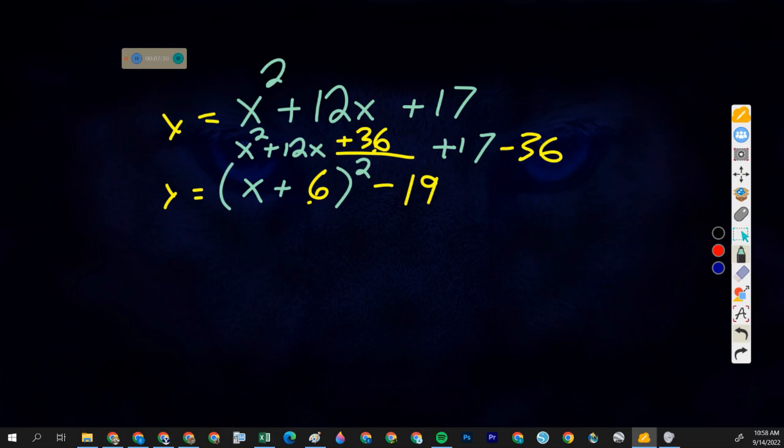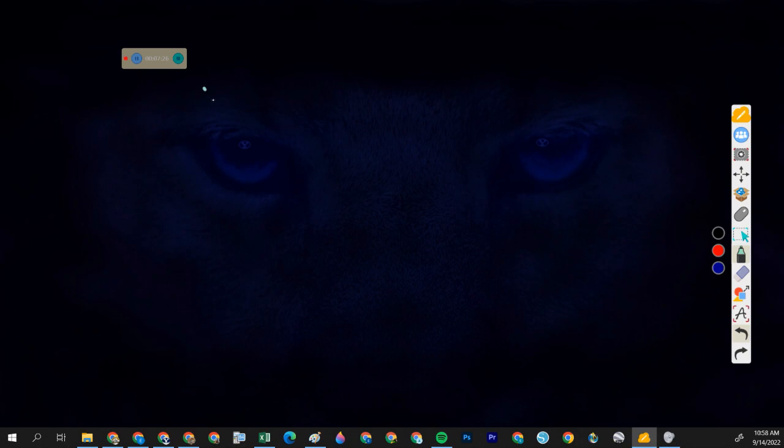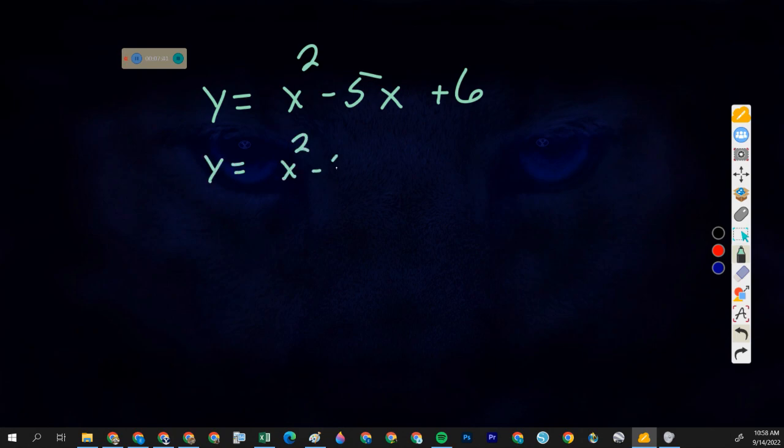Okay. Now, that's all pretty easy, but sometimes it's a little bit harder. Nope, that won't work. Yes, it will. So, same idea. X squared minus 5x, slide over the 6.